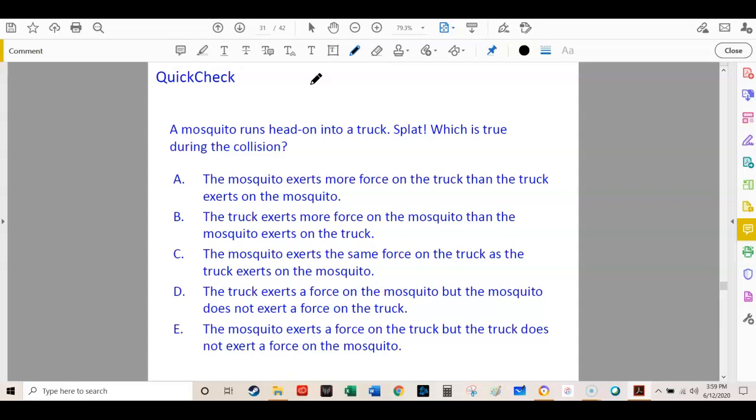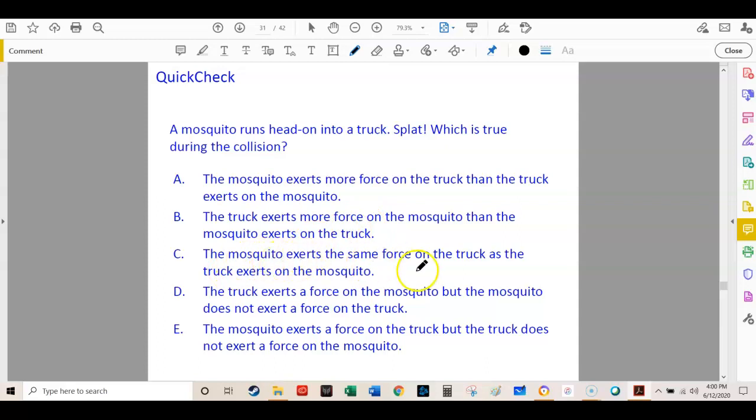D, the truck exerts a force on the mosquito, but the mosquito does not exert a force on the truck? Or E, the mosquito exerts a force on the truck, but the truck does not exert a force on the mosquito? So A is mosquito exerts more of a force on the truck than the truck exerts on it. B is the truck exerts more of a force on it than the mosquito.